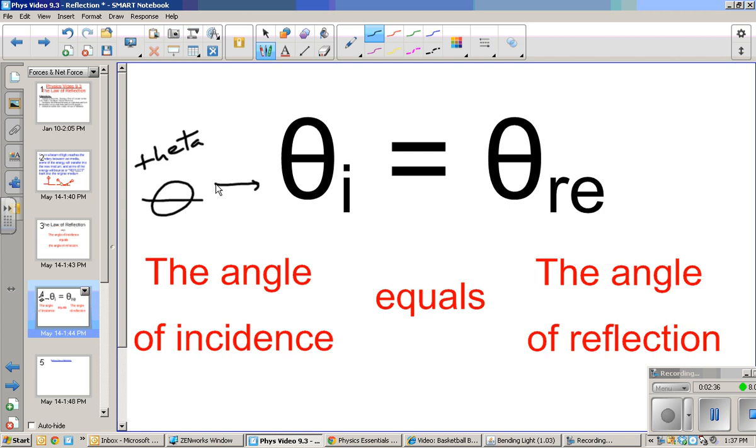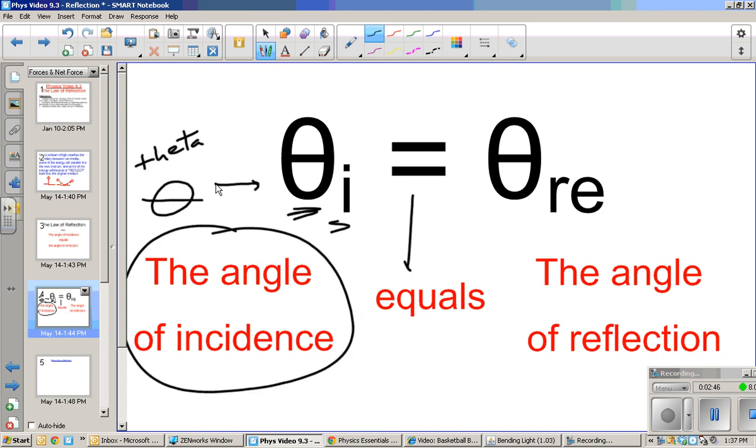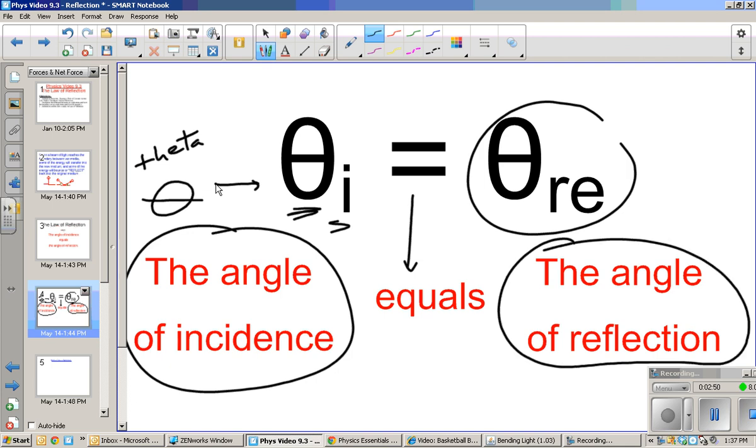So if you say theta is 30 degrees, you're telling me the measure of the angle. So this is saying the angle of incidence equals the angle of reflection. You will see me write this, angle of incidence equals angle of reflection, all the time, because that is the law of reflection.